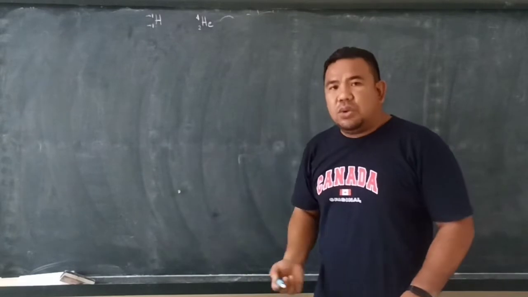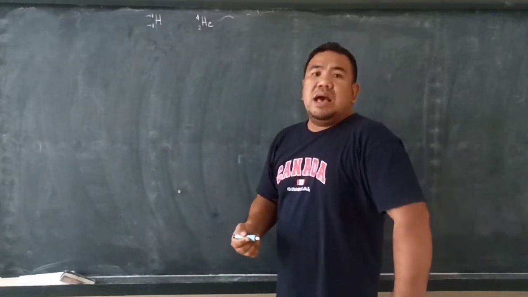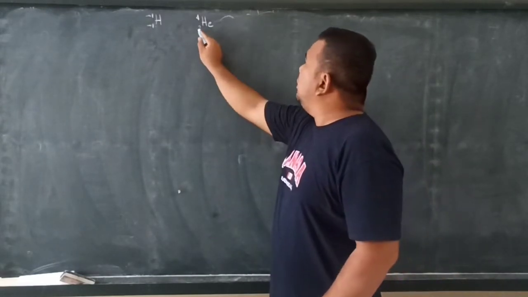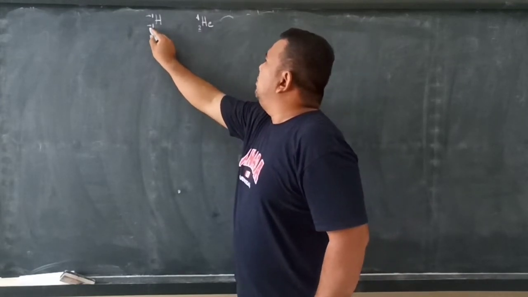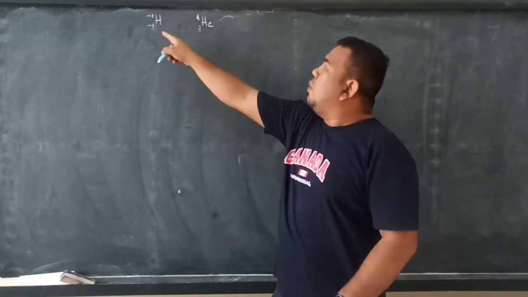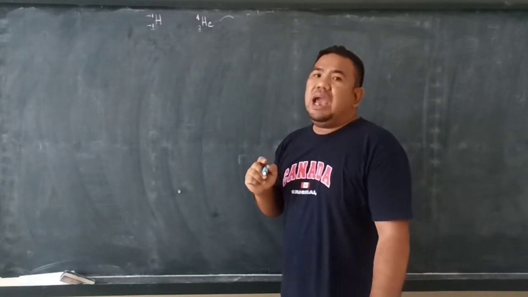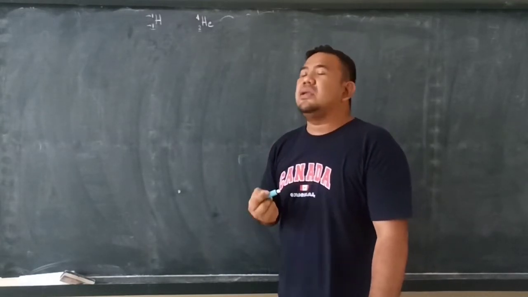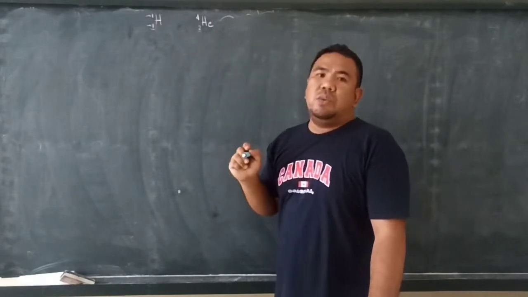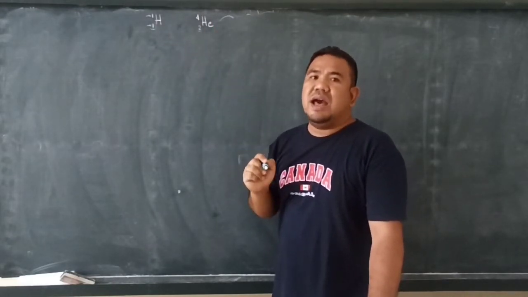How do we identify the element? We need to take note of this number here. 1 signifies it has only 1 proton. Therefore, any element or any atom with 1 proton will always be a hydrogen atom.